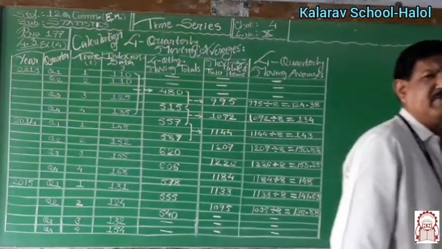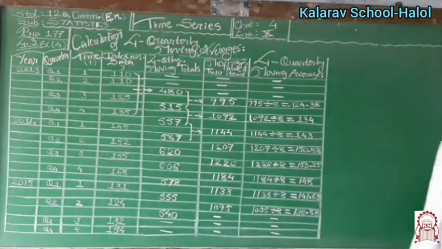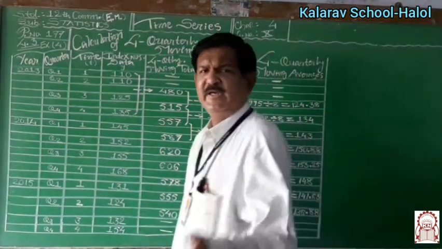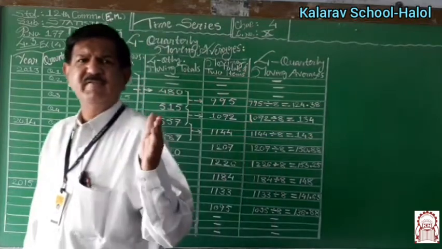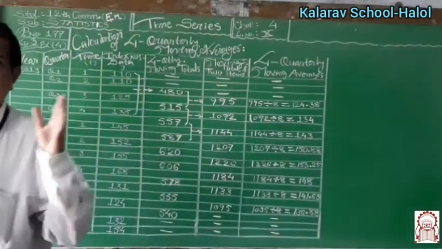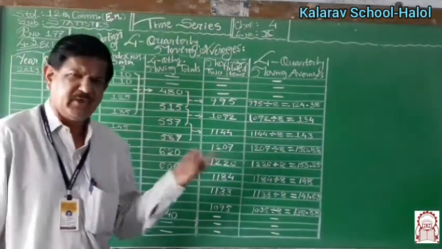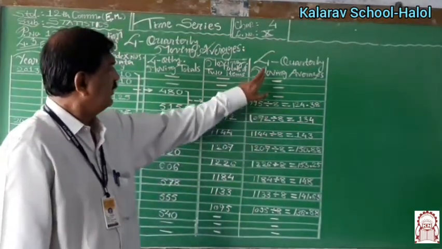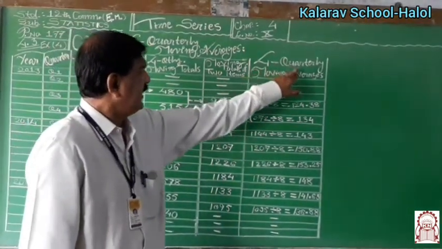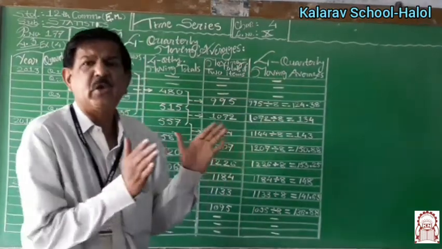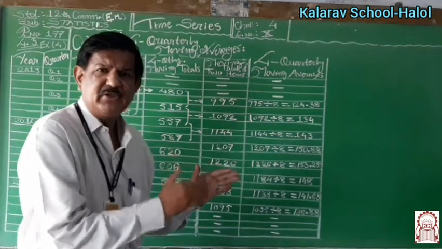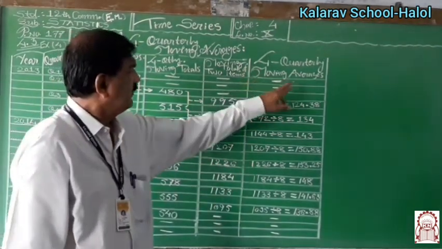Why division by 8 only? Because if you divide a number by 4 first and then by 2, ultimately it is division by 8: 1 upon 4 into 1 upon 2 becomes 1 upon 8, as we know from the last lecture. The answers are known as 4 quarterly moving averages, the required item, also known as trend values.